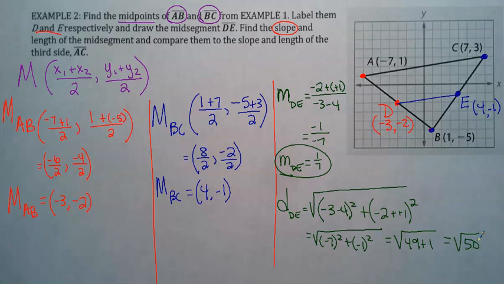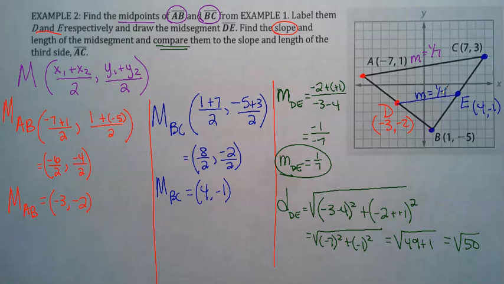All right, so if we are then going to compare these, we're comparing them to the slope and length of the third side, AC. When we did this earlier in example 1, we got that the slope of AC was 1/7. Now our slope of DE was also 1/7.